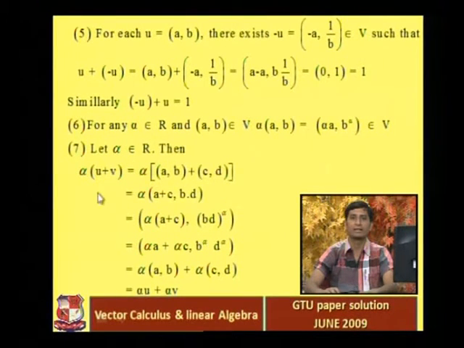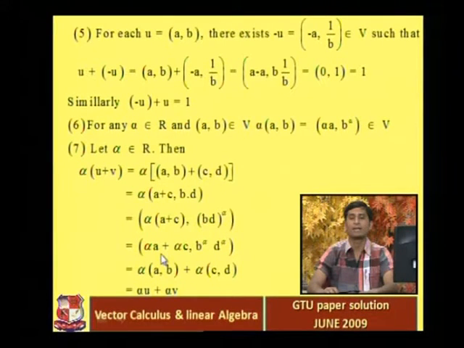Now let alpha belong to R, then alpha into (u plus v) is equal to alpha into ((a, b) plus (c, d)). We use the definition of addition for two vectors: (a plus c, b into d). Now we use scalar multiplication: (alpha into (a plus c), (bd) raised to alpha). Now alpha into (a plus c) can be written as alpha a plus alpha c, and (bd) raised to alpha can be written as b raised to alpha into d raised to alpha.